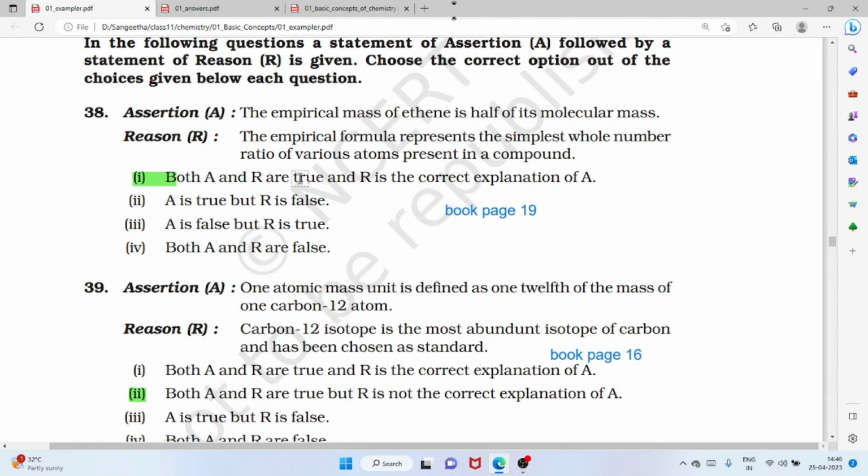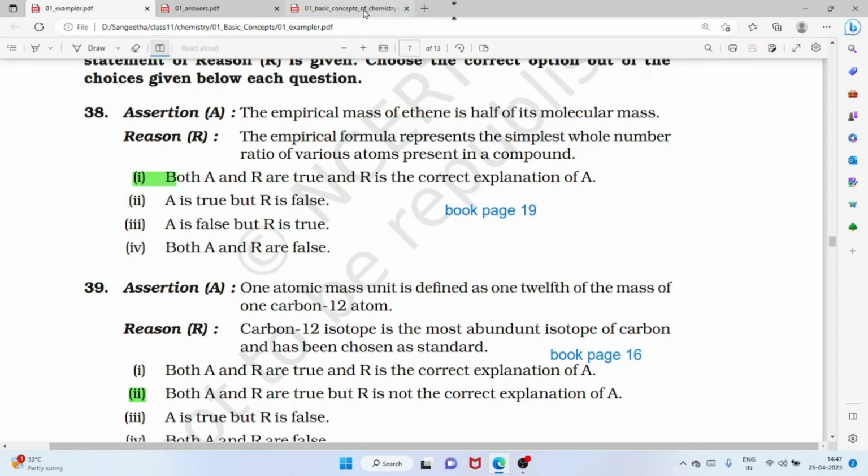Assertion: the empirical mass of ethane is half of the molecular mass. Reason: the empirical formula represents the simplest whole number ratio of the various atoms present in the compound. Both here are correct. What is the empirical formula and molecular mass given here?